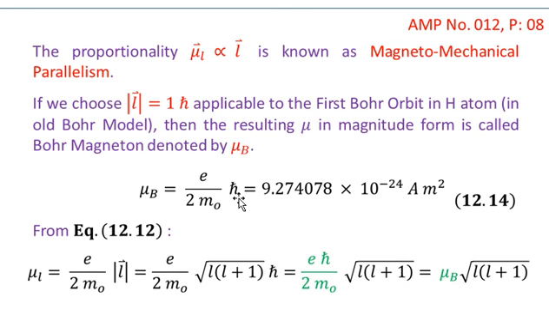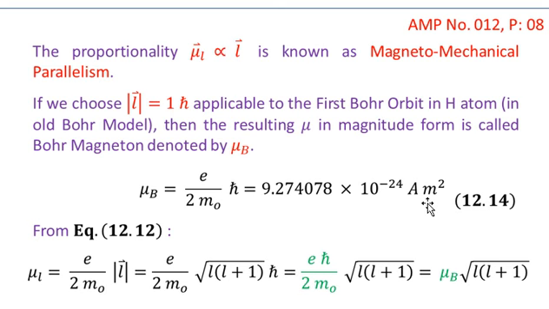Here I have substituted the value equal to 1 h bar, and all these are constants: the charge of the electron, h bar, the reduced Planck's constant, and m naught, the mass of the electron. All these quantities are known, and if you plug in these values, you can find the value of the Bohr magneton to be 9.274078 times 10 to the power minus 24 ampere meter square.